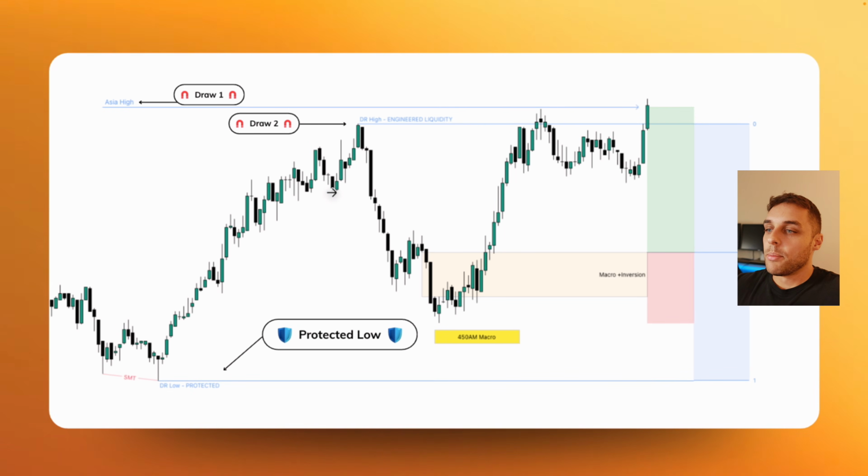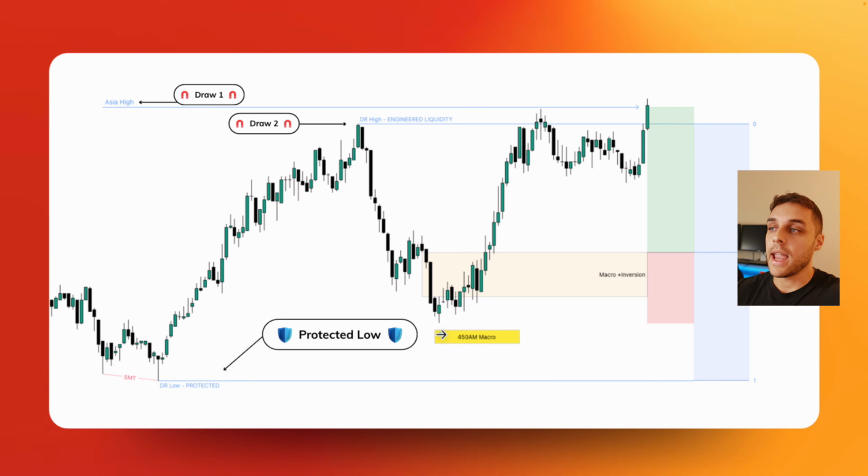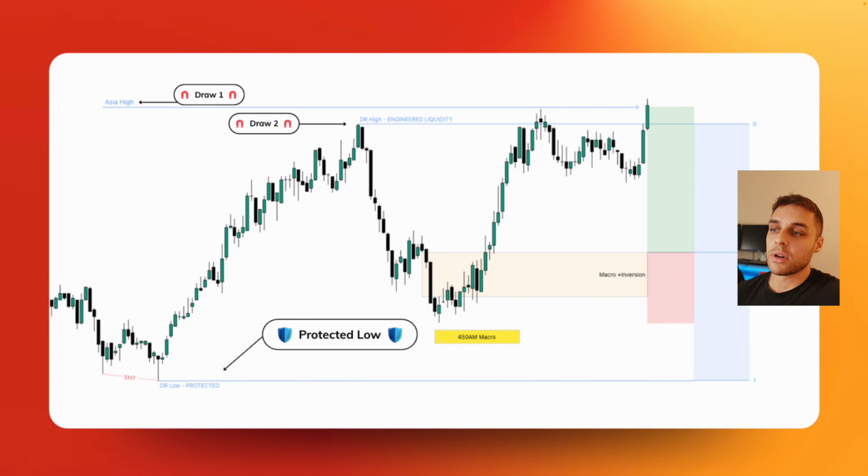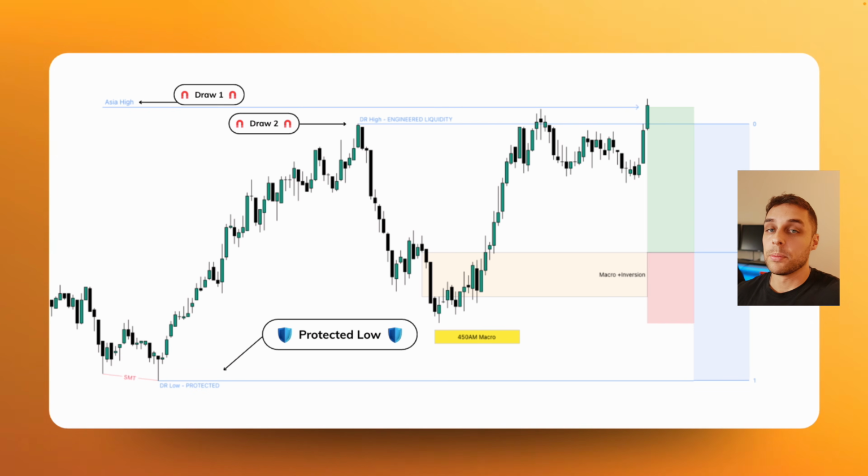So example number 1, as you can see here, just fast forwarding, we're operating within the 4:50 a.m. macro. So that means it's the end of the London kill zone. The things that we're talking about in this video, this model that we're breaking down, it's not solely focused on or applicable to the New York AM session or New York AM session macros only, right?